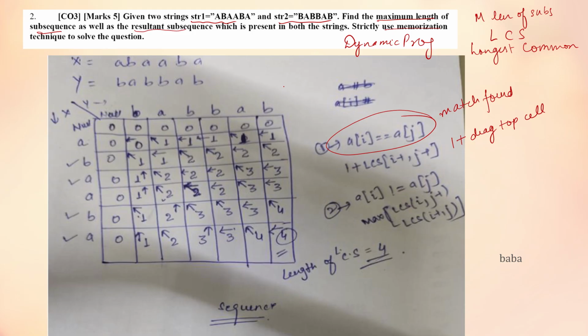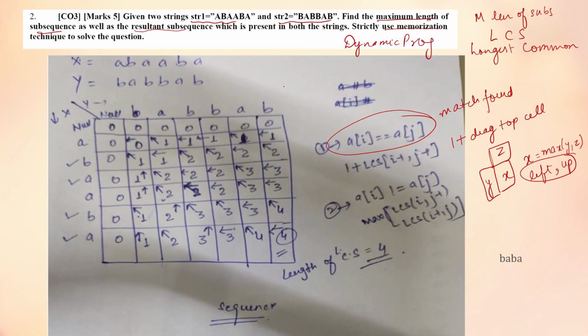Otherwise, if it is not equal, then you take the maximum of the cells I had explained. Let's take this example. Suppose this is your x, y, and z. To fill x, you'll take the maximum out of y and z, that is your left side and your up.